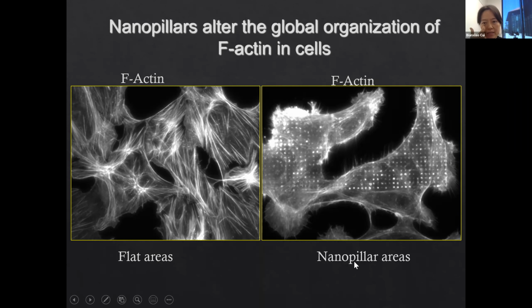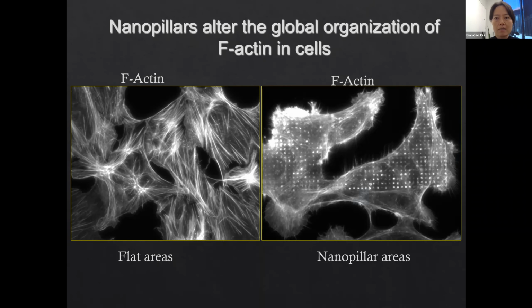When the nanopillars are very dense, meaning there are a lot of nanopillars underneath the cell, not just a few, we see a dramatic reorganization of the actin cytoskeleton. On the flat areas, you see most of the actin as strong stress fibers. On the nanopillar areas, actin accumulates on the nanopillars, but those stress fibers largely disappear. So there's a drastic reorganization of the actin cytoskeleton.